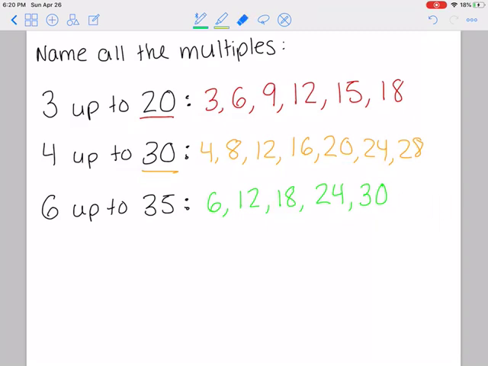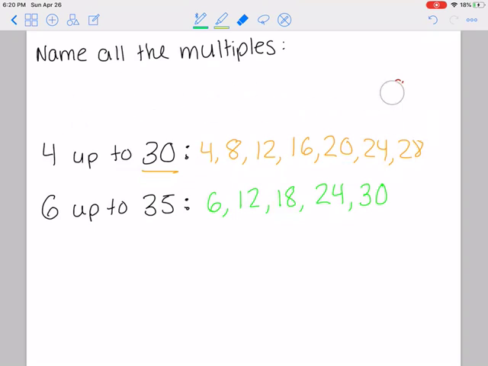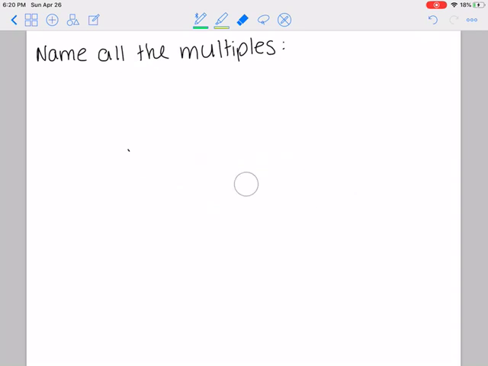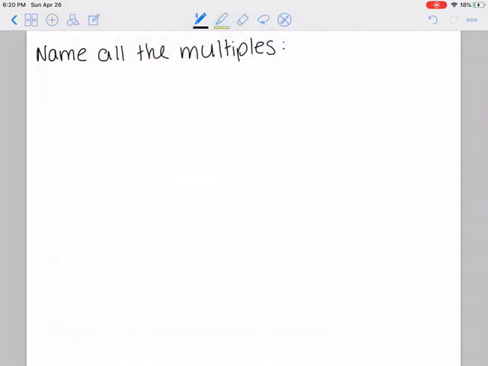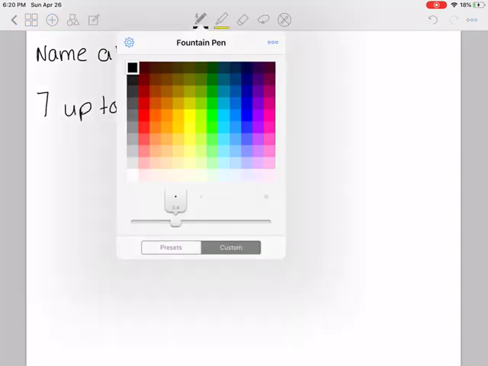Okay, now for our most challenging set, which is set number 3. Just erase these. Okay, name all the multiples of 7 up to 40. All the multiples of 7 up to 40.